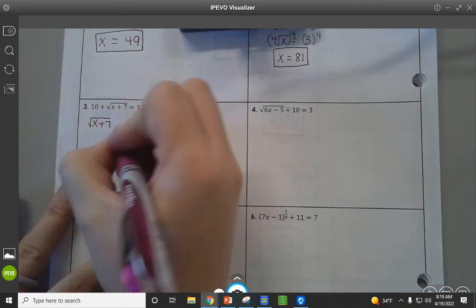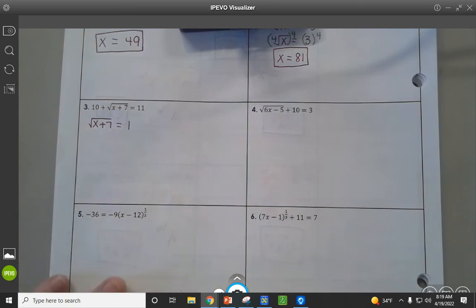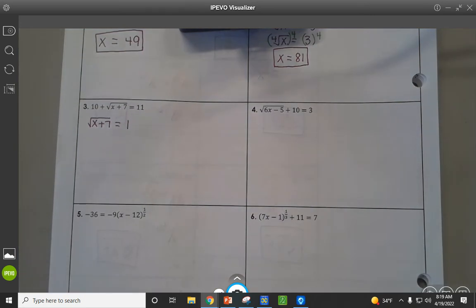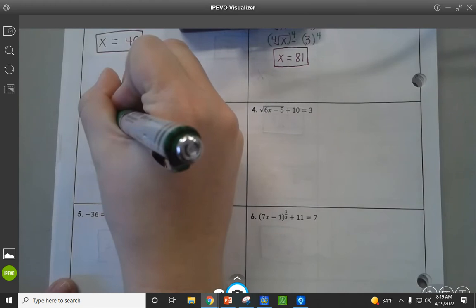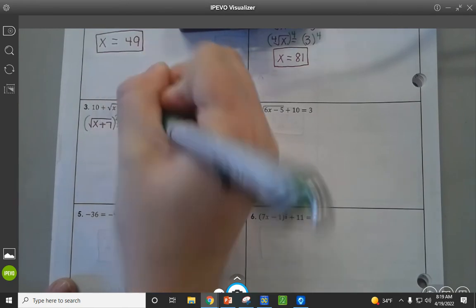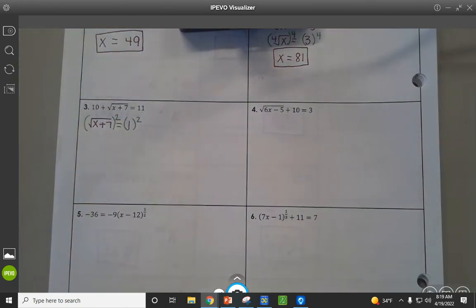You don't want to subtract 7 here because that 7 is underneath the radical. You can't just pull something out of the radical. Got to get rid of the radical. And so this becomes x plus 7. What's 1 squared? 1. And then we subtract 7 and we get x equals -6.